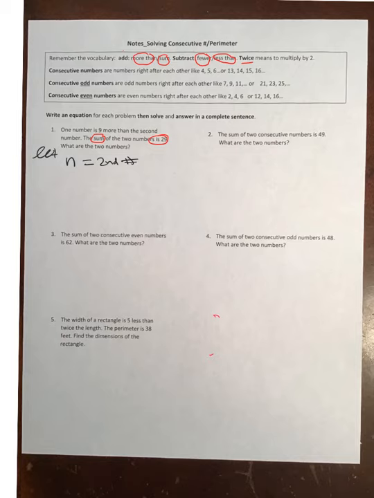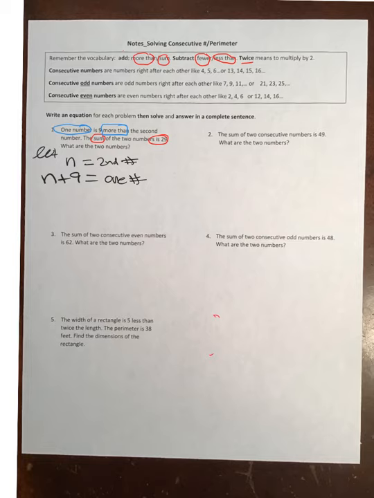So one of the numbers is 9 more than the second number. That means the first number has to be 9 more than the second number, so we write n plus 9 to represent the first number.